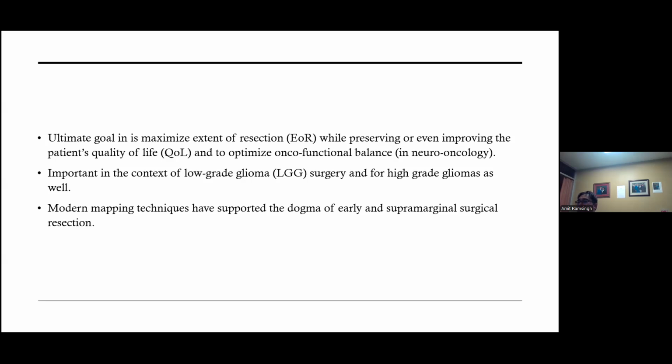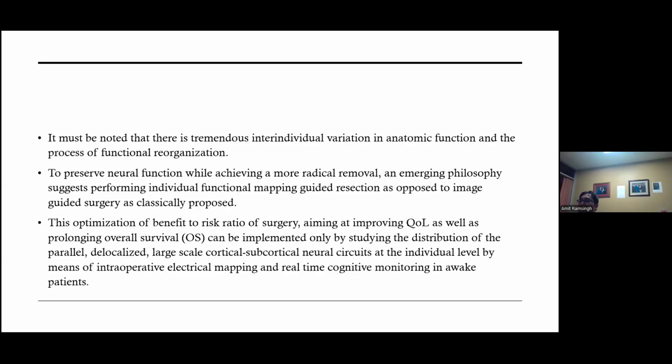Modern mapping techniques have supported the dogma of early and supramarginal surgical resection, as opposed to a watch and wait type of management, where we wait until the patient has functional deficits or becomes more symptomatic. So it must be noted that there is a tremendous inter-individual variation in anatomic function due to the process of functional reorganization.